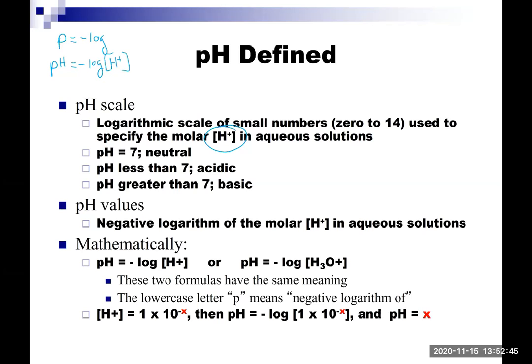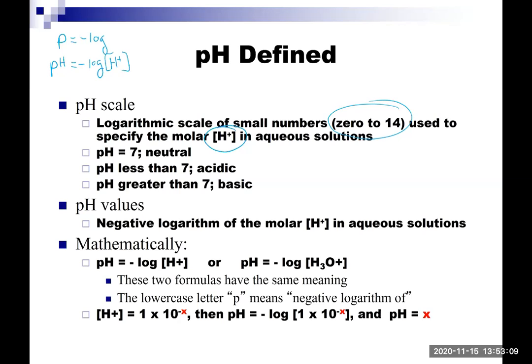hydrogen that's in solution. This pH scale makes things convenient because, again, our concentrations of H+ can have a lot of scientific notation that we have to evaluate. But if we have a pH scale, then the numbers go from 0 to 14. Some very strong acids, like you just saw, nitric acid had a negative 1.44.